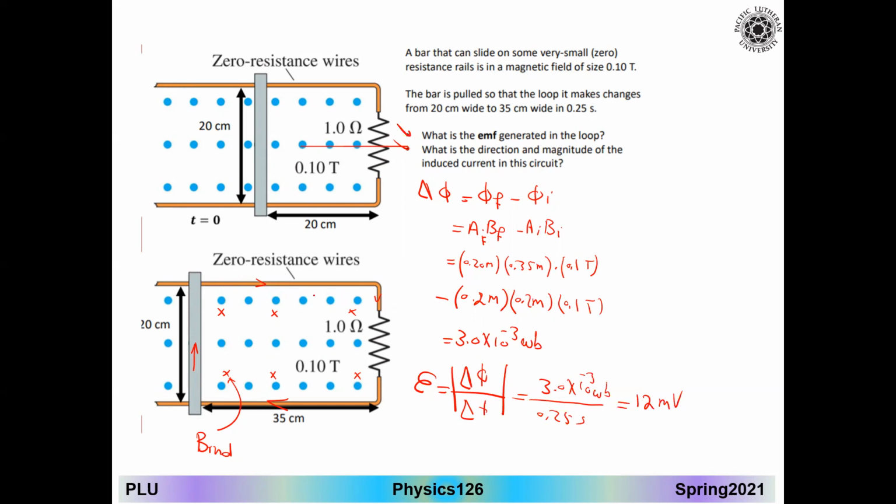That current goes through the resistor, so I can find my I with Ohm's law: EMF divided by R. In this case, 0.012 volt divided by 1 ohm, and I end up with 12 milliamps. That's how we use Faraday's law with Lenz's law to calculate the direction and the magnitude of the induced current.